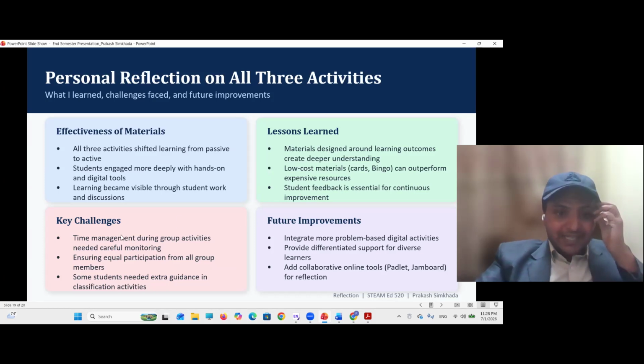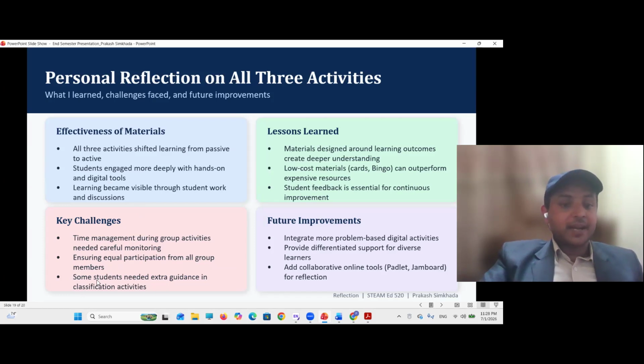There are some challenges I faced while applying these activities. I found time management a challenge during the group activity, and it is difficult to ensure full participation from all group members because some members dominate the others, so the teacher has to take care.